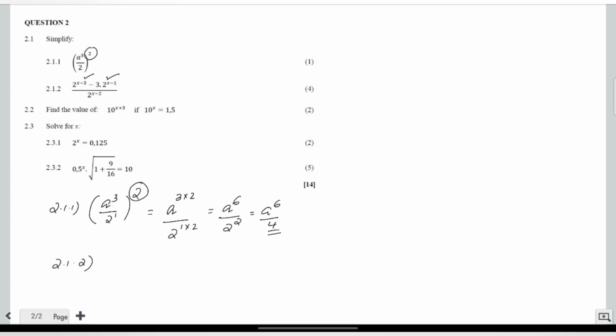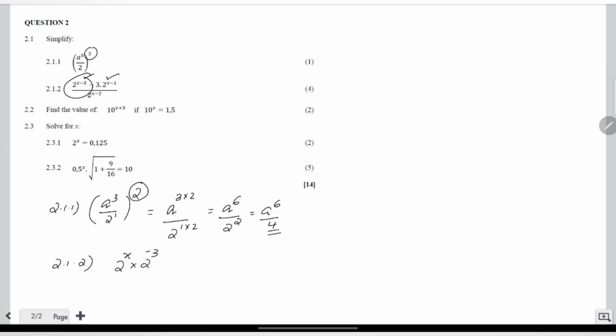So what is common there? At this stage, it's difficult to find, but to get the exact common factor, you have to split the power. So 2 to the power x is common. Let me split that one: 2 to the power x times 2 to the power minus 3, isn't it?